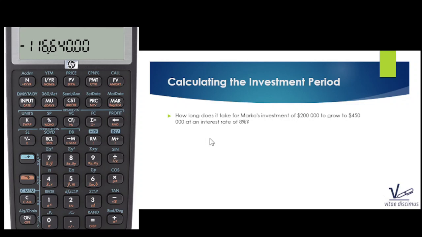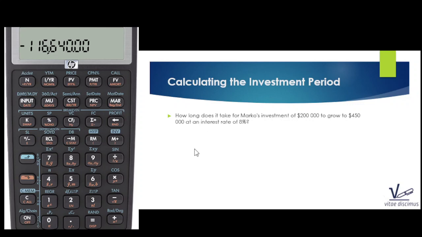We are looking at the time it's going to take. 200,000 is our PV because it's a once-off investment. Then our FV will be 450,000. Then the interest is 8%, which is also compounded annually. So we want to compute the N.